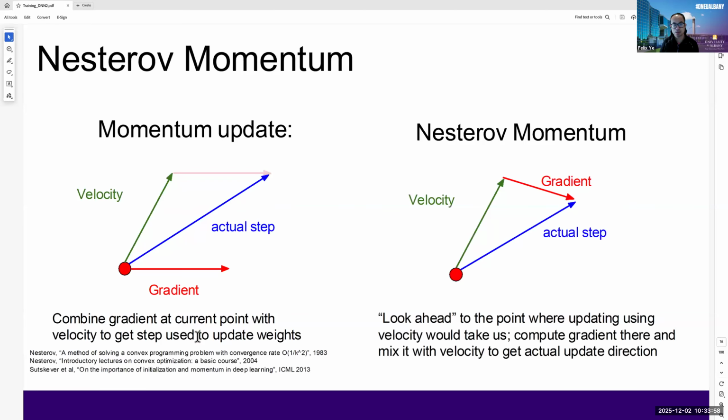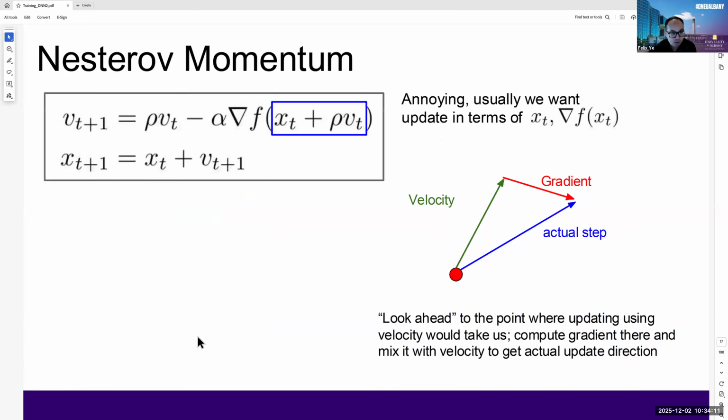There are other ways that we can use. I'm going to show you what that is. The formula first: this is called Nesterov momentum.